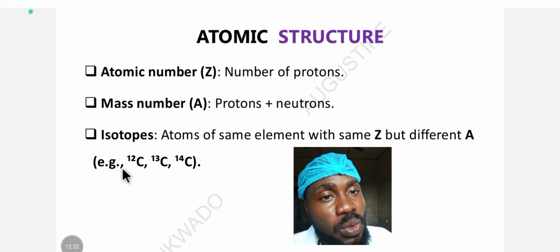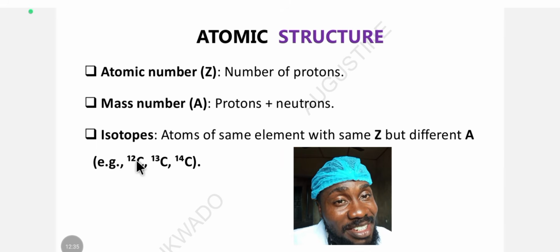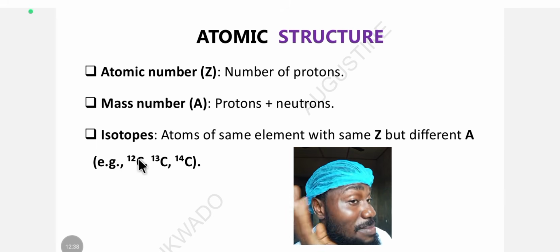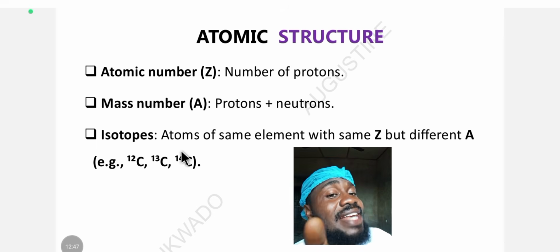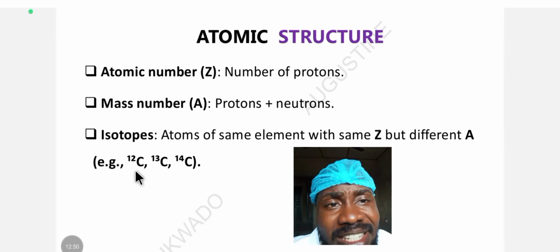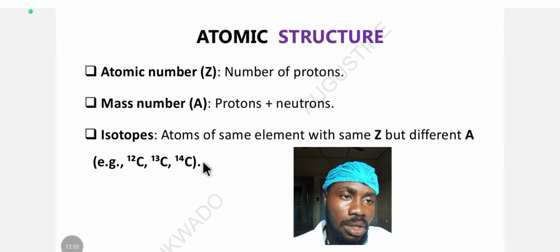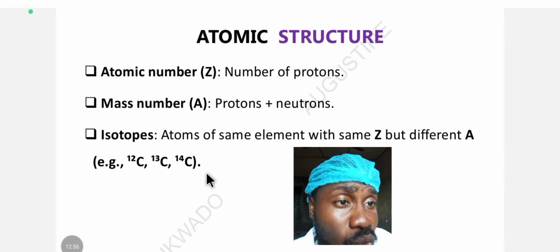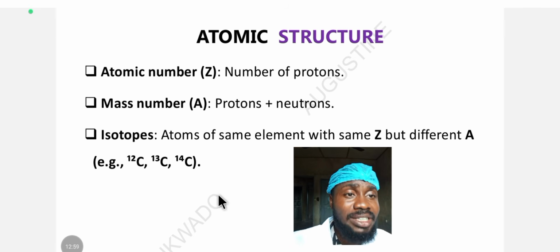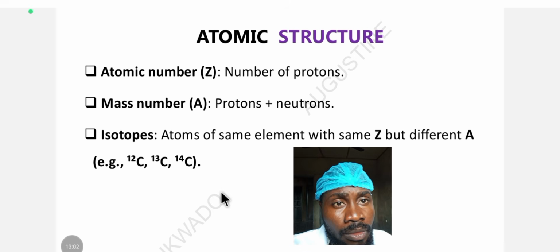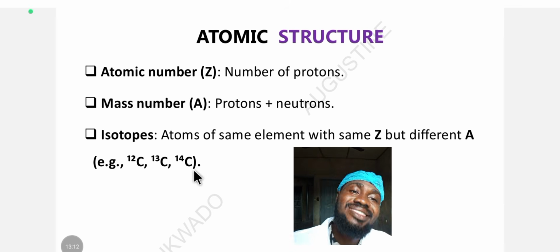For example, we have carbon. Carbon-12 has 12 as mass number. It still maintains the same atomic number. The same carbon here is having 14 as mass number. So all these are isotopes of carbon. Chlorine also has two isotopes, one having 35 and the other one having 37. Two isotopes of chlorine. You know that the atomic number of carbon is 6.